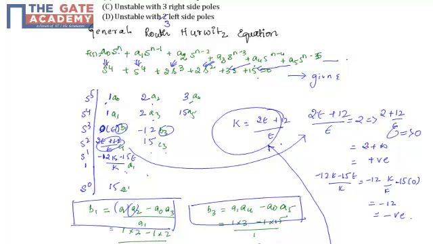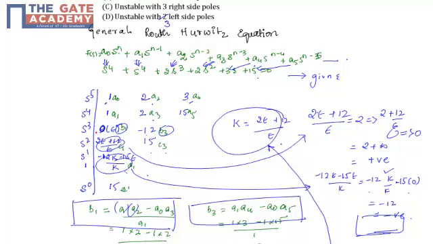So this is a positive value, and 2 is a positive value. Next we'll take this equation and write it in the form minus 12 by k minus 15 epsilon, and as epsilon is 0, we know this is a negative value, and this is a negative value.